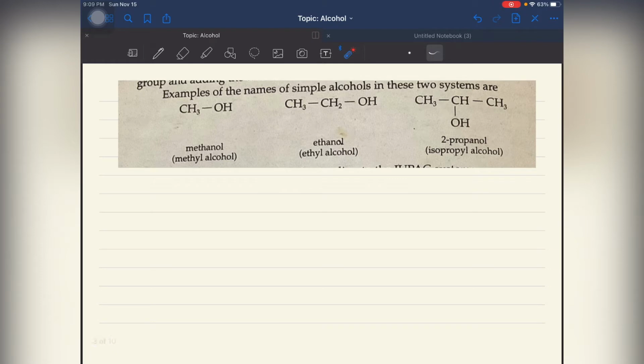Okay, so these are some additional examples for naming an alcohol. In this first one, we have the condensed structural formula CH3OH. Its IUPAC name is methanol. Its common name is methyl alcohol.